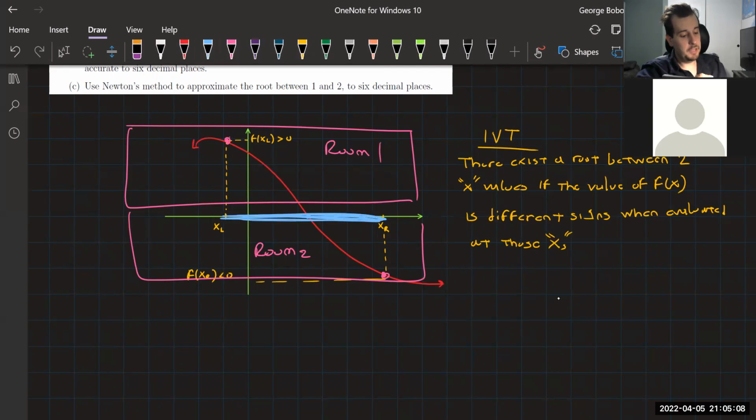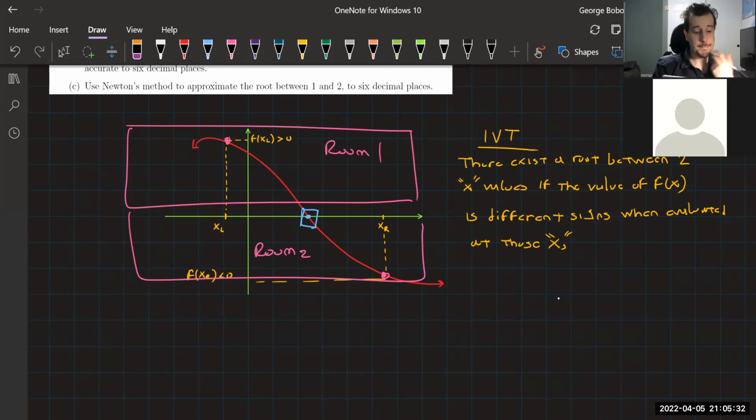If later on you're found in room 2, you have to have some kind of door that you actually went through. I don't know how you went through, what function you were following, but you have to pass through some door. And that door is the root. It's an analogy for the root, basically.